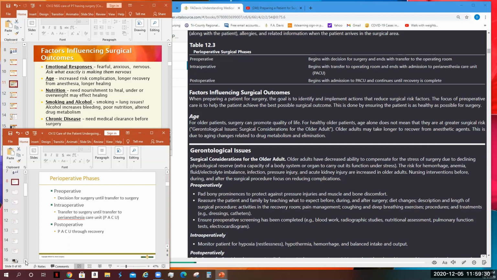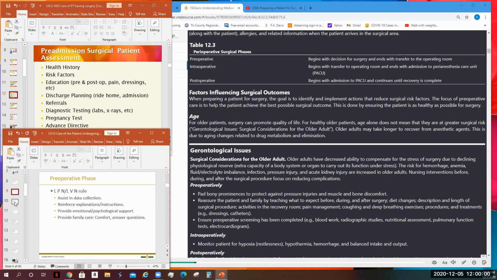The risk for hemorrhage, anemia, fluid and electrolyte imbalance, infection, pressure injury, and acute kidney injury are increased in older adults. Nursing interventions before, during, and after the surgical procedure focus on reducing complications.